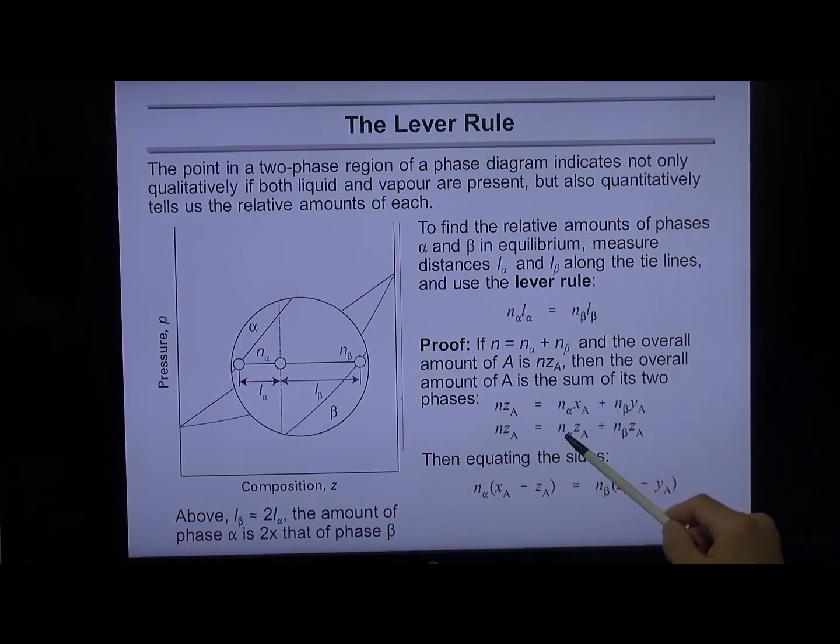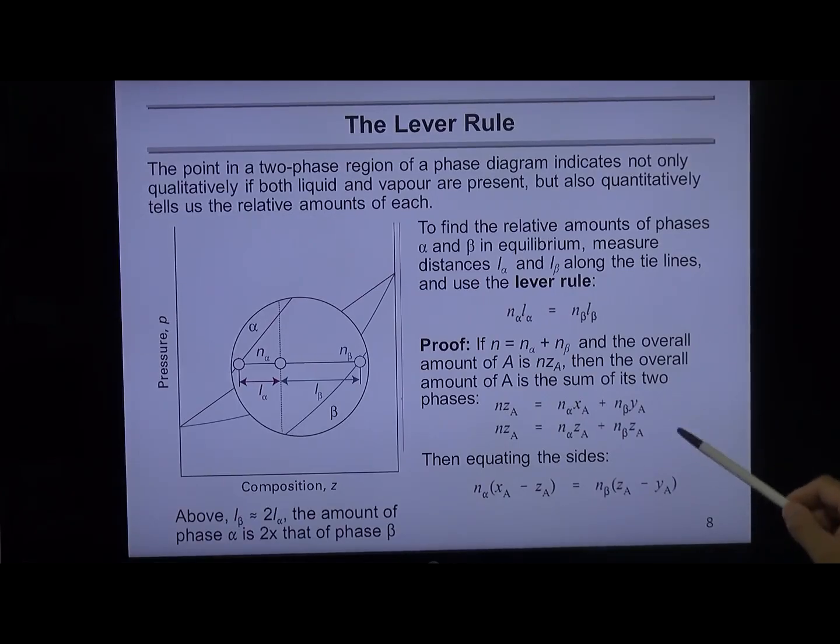And that should be the same as N alpha ZA plus N beta ZA, because Z represents overall composition. So if you rearrange this, you get this: N alpha times (XA minus ZA) is equal to N beta times (ZA minus YA).